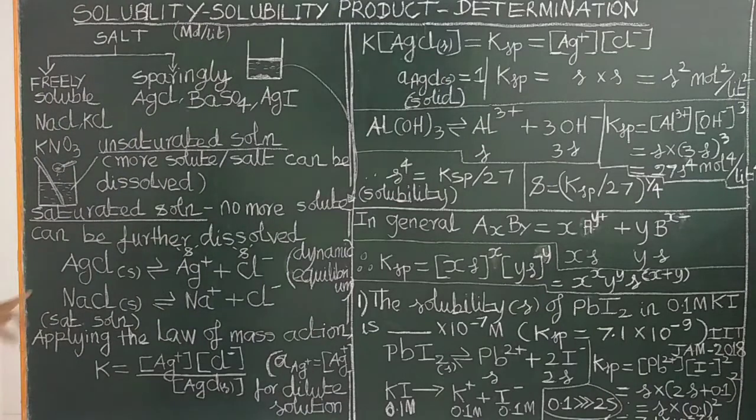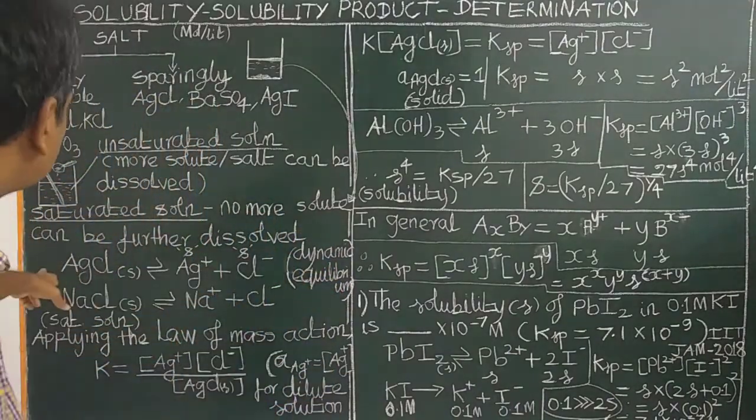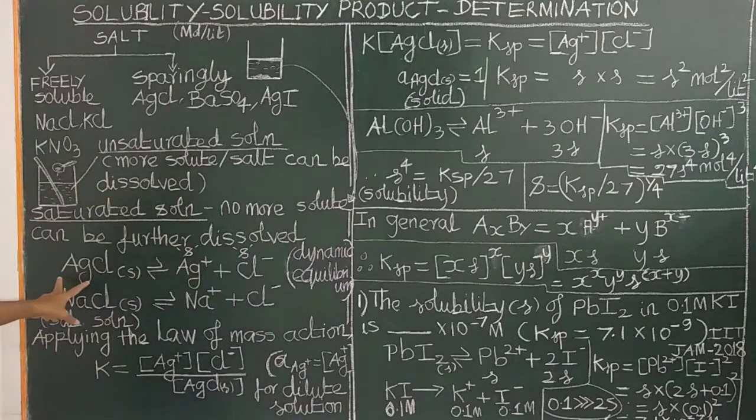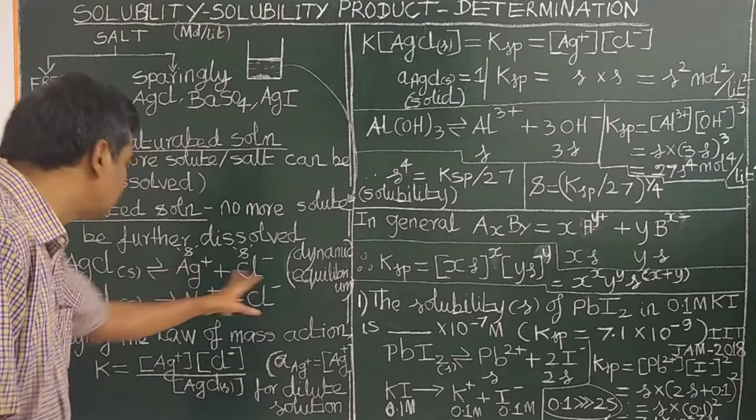Okay. Now let us see, in saturated solution there exists a dynamic equilibrium. Remember, in saturated solution there exists a dynamic equilibrium between the undissolved solute, salt and soluble ions.